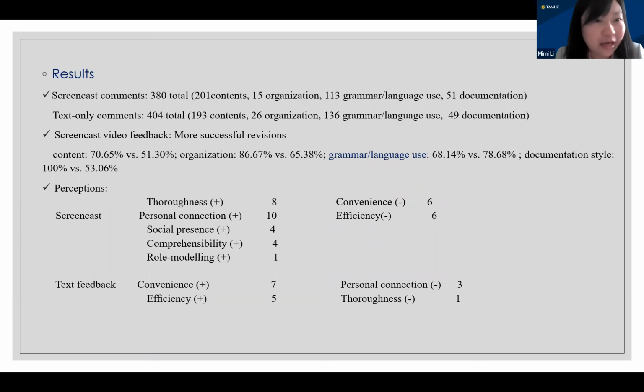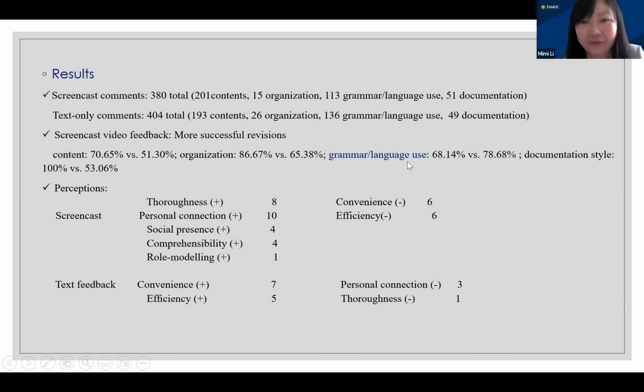Basically, you can tell they are very helpful because the screencast video feedback generated more successful revisions, like the organization, content, and the documentation, especially the documentation style. Students incorporate much more feedback because they understand our screencast video feedback better.